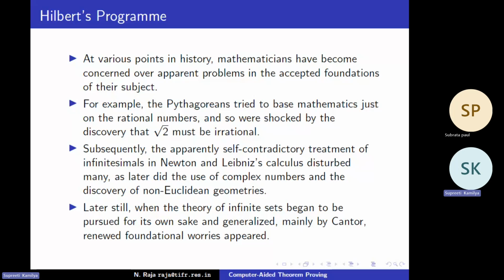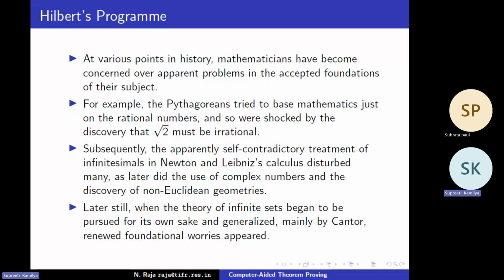They tried to develop all of number theory from just rational numbers, and they were shocked when they were shown that there are things like the square root of 2, which are not rational at all. Then there was the development of infinitesimals in the work of Newton and Leibniz while developing the foundations of calculus. This disturbed a lot of people in the way the concepts had been employed.